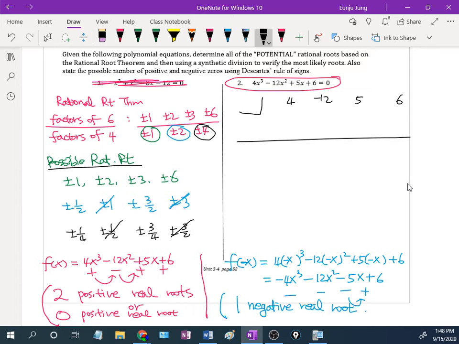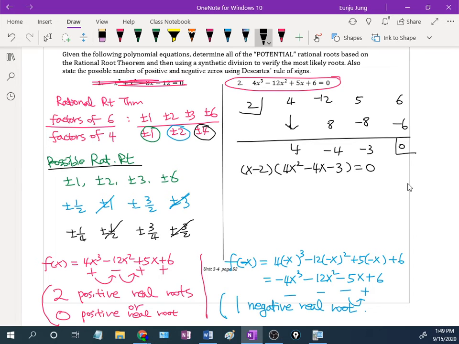We have a good feeling about number 2, so let's start with 2. Bring this down, 4 times 2, 8. Negative 4, multiply, negative 8, and negative 3 is the difference. Multiply, yes, we have 0 on it. So this will be factored: x minus 2 in parentheses, and the quadratic quotient 4x squared minus 4x minus 3 equals 0.